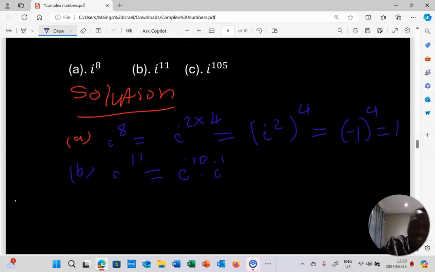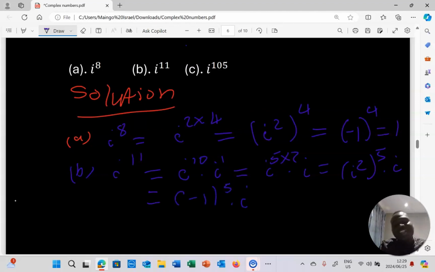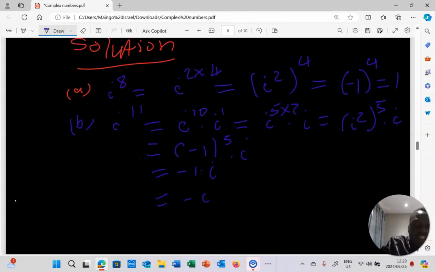The factors of 10 are 5 times 2, so this I to the power 5 times 2 can be written as I to the power 2, all to the power 5, times I. But I to the power 2 is negative 1, so this is negative 1 to the power 5 times I. Because the exponent is an odd number, this will be negative 1 times I, which is just negative I.